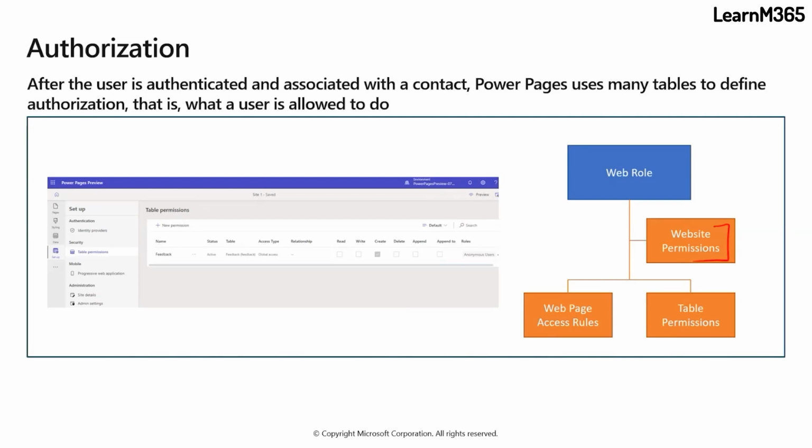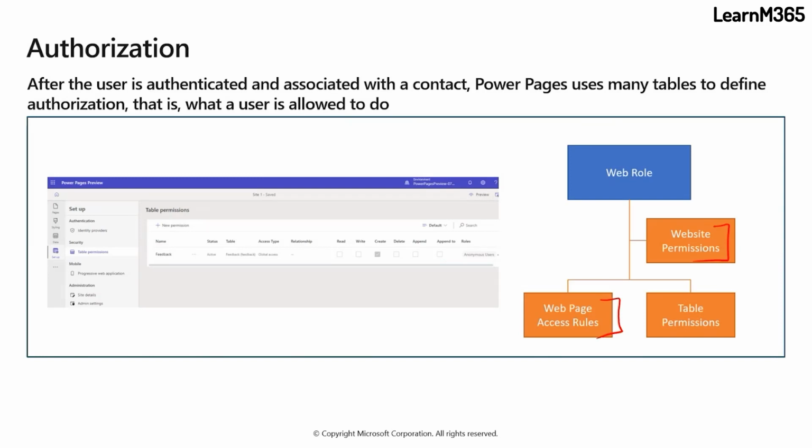Then we can even define a web access rule, which helps us define what pages are visible to a web role and what action can be taken. And we can individually provide table permission. With this feature, we can define what access a web role has to individual Dataverse entities.